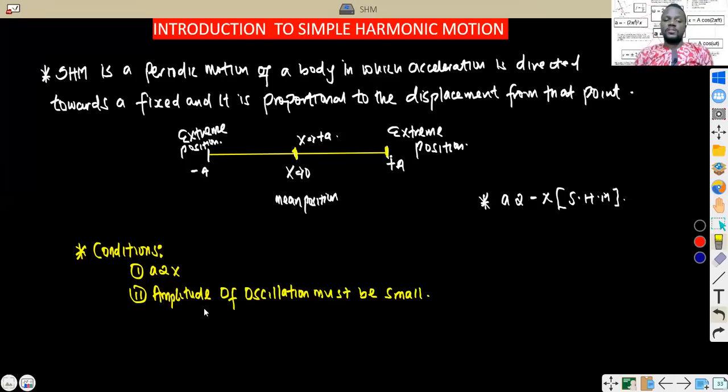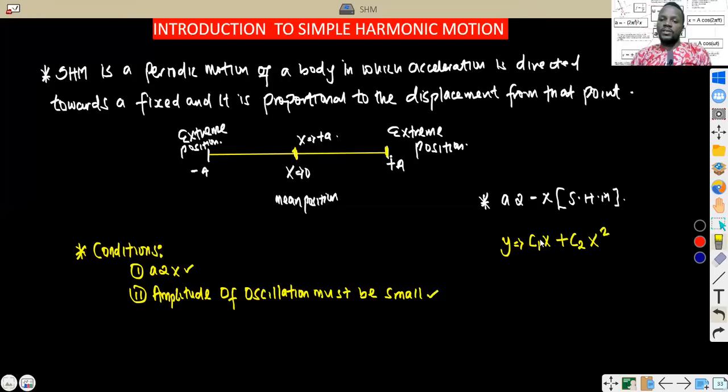So be that as it may, the amplitude of oscillation must be small. This is one of the most important characteristics for SHM to hold. For example, if a body is exhibiting SHM and it is given by an equation, let's say the acceleration of the body is y equals c1x plus c2x squared.